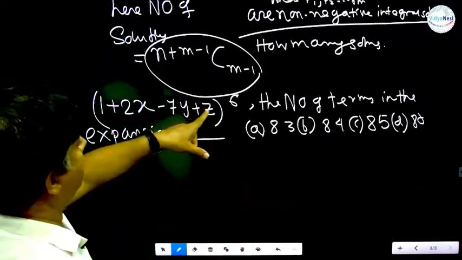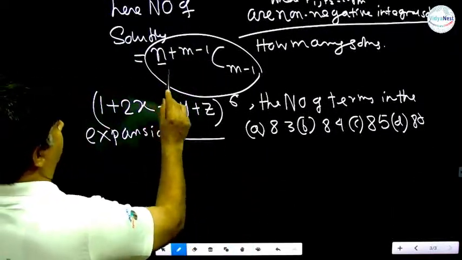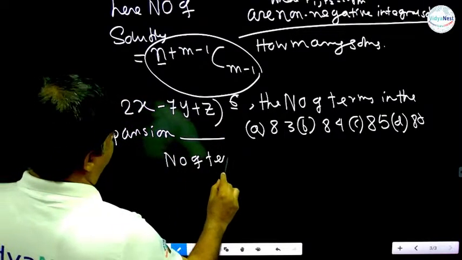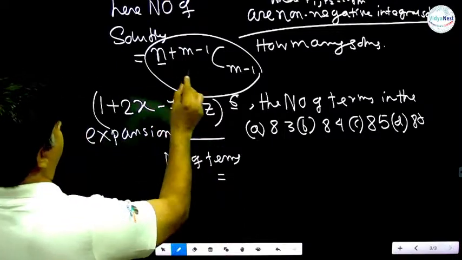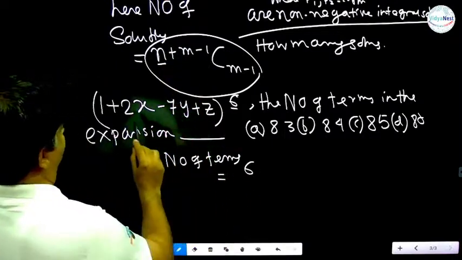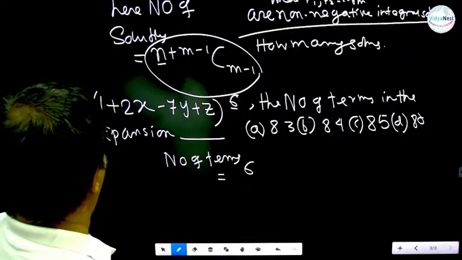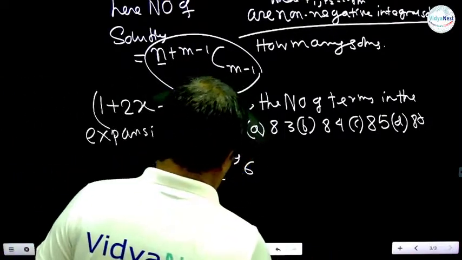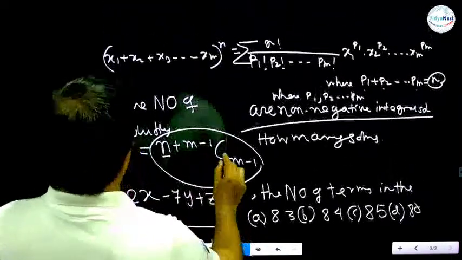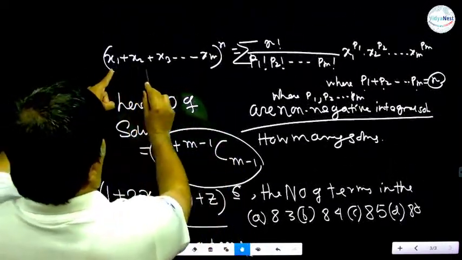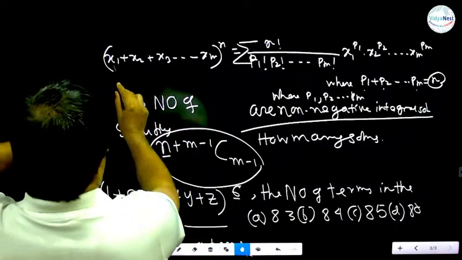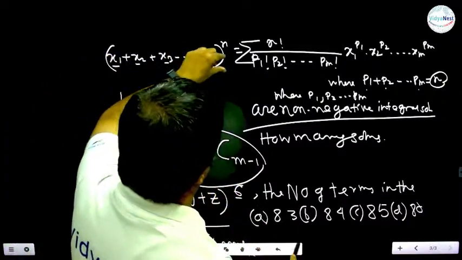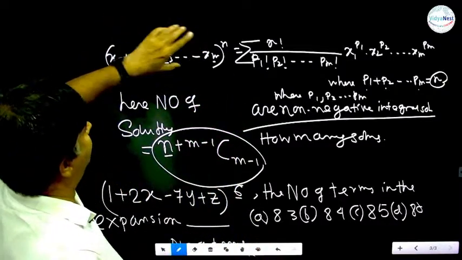See, what is n? n is 6. So number of terms, n is 6. M, what is m? You see, in here you observe the terms inside the bracket: 1, 2, 3 up to m. Yes or no? Here the partitions, look, 1, 2, 3, up to m, this is m number of terms inside the bracket.